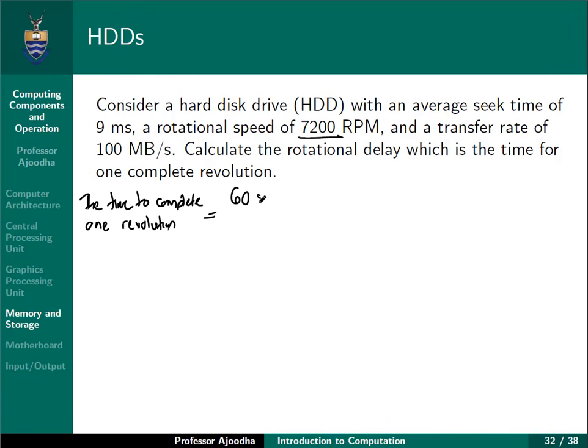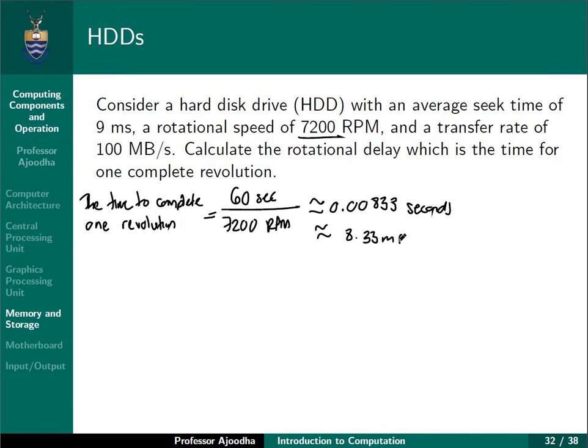It's going to be 60 seconds divided by 7,200 rotations per minute. Let me get my calculator. That's going to be about 0.00833 seconds. So it's about 8.33 milliseconds.